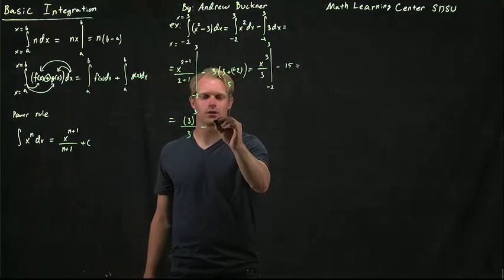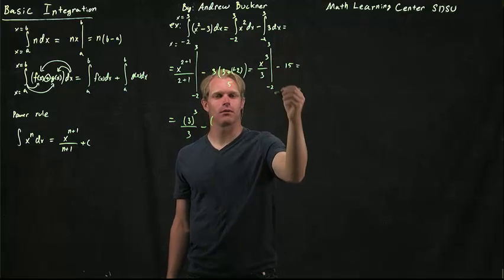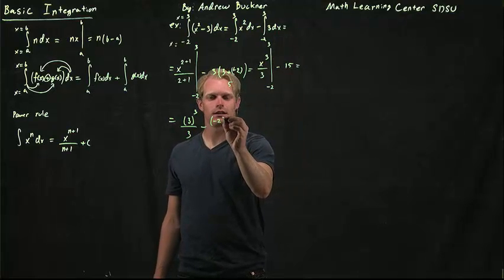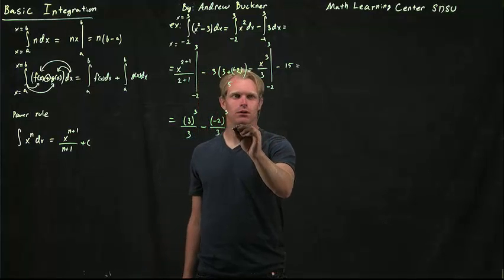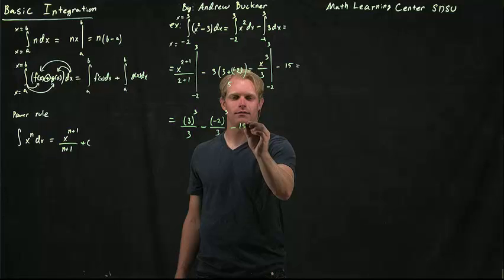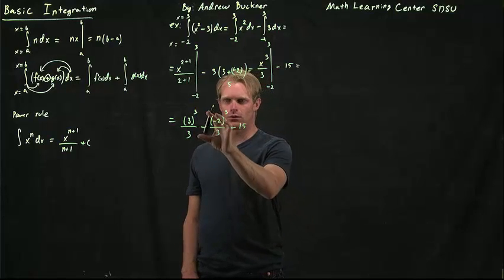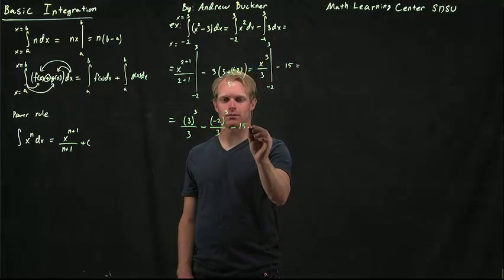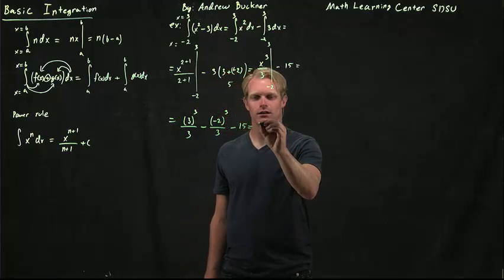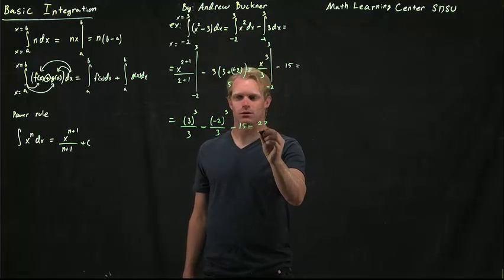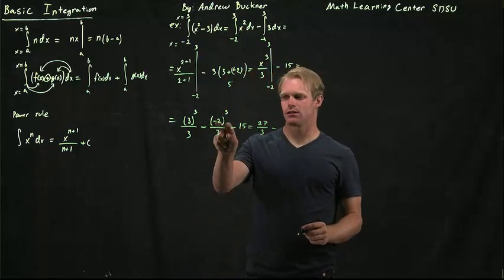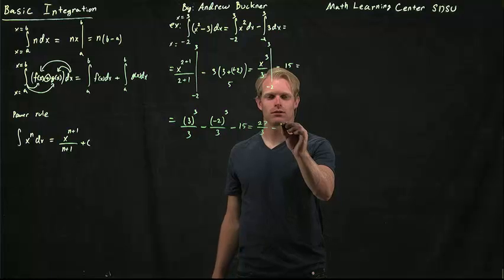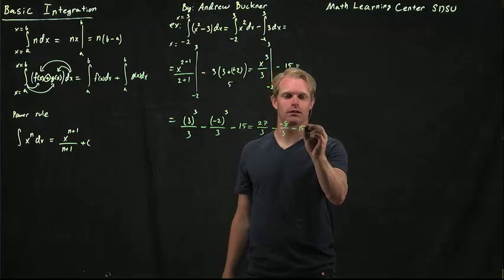Then we subtract, because we're doing the upper limit minus the lower limit, the next value, which is our a, cubed over 3, subtracted by 15. We're going to evaluate this very simply: we get 27 when you multiply 3 three times, and then a minus, and you multiply minus 2 three times, you get a minus 8 over 3, subtracted by 15.